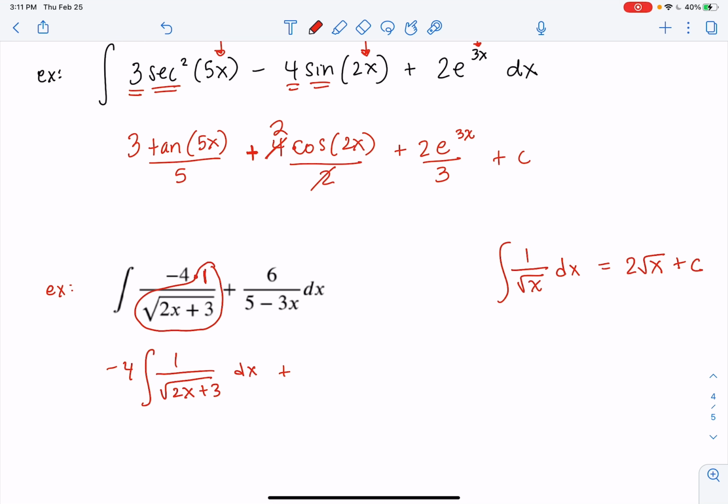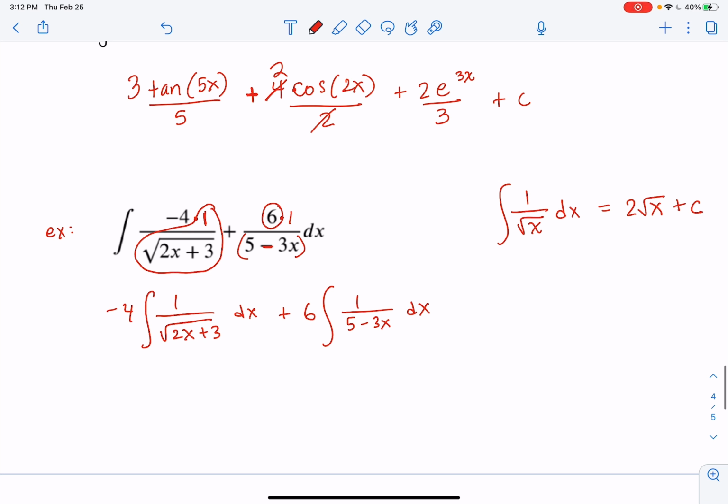From here, I can pull out the 6, but I can't pull out the 5 or the 3 because there's a minus sign connecting these two. They're all a single term, or a single expression. So we can pull out the 6, but the rest of it will stay inside 5 minus 3x. Okay, now we have something much simpler to work with. So I want to start here.